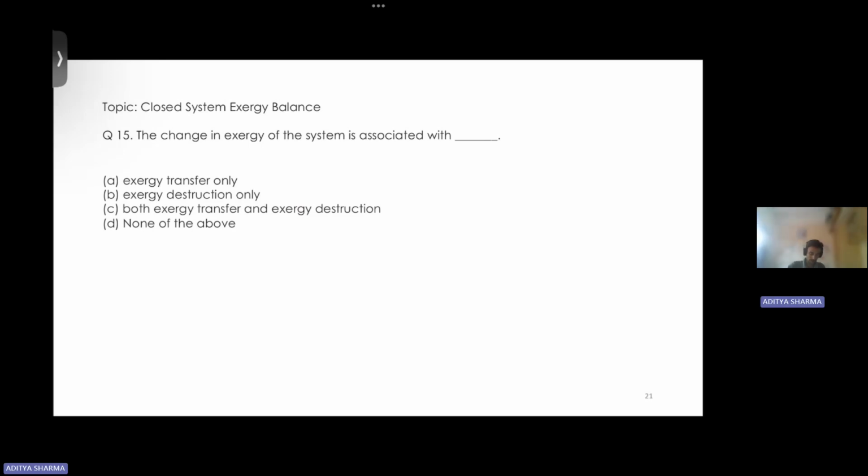The next option says that it is because of both exergy transfer and exergy destruction. And the last of these is none of the above. That is the correct answer if the correct fill in the blank has not been provided in the options.